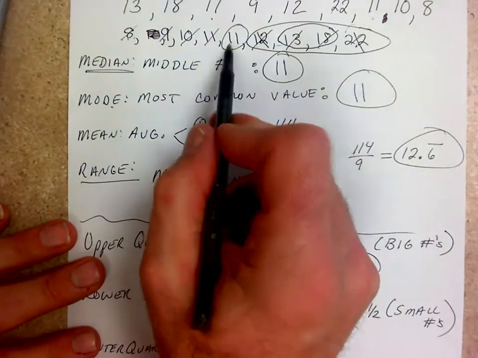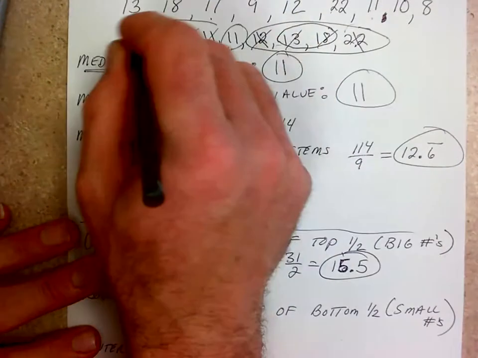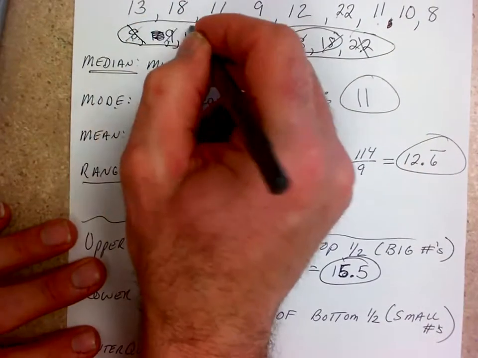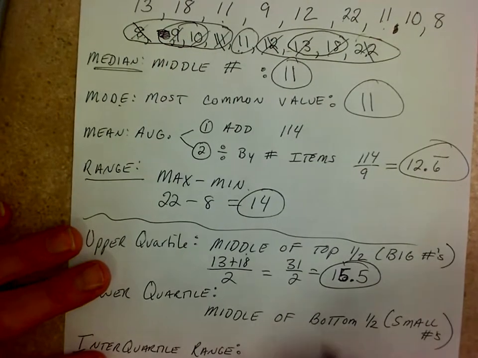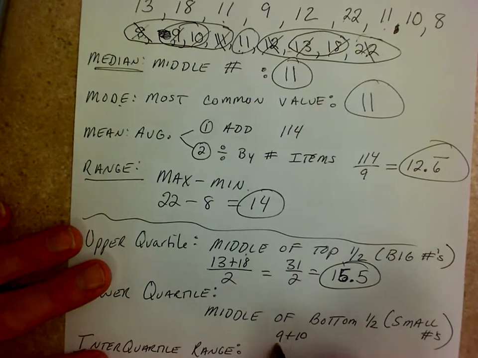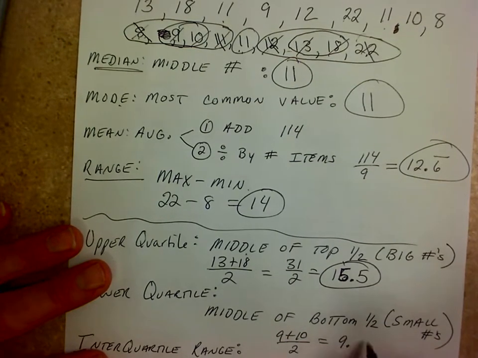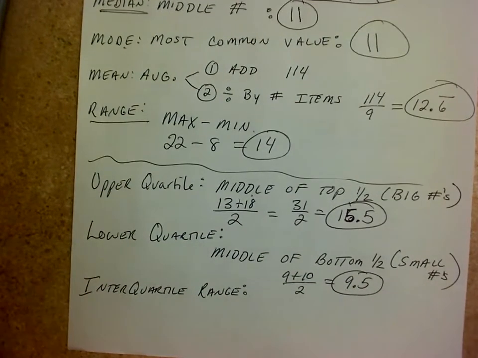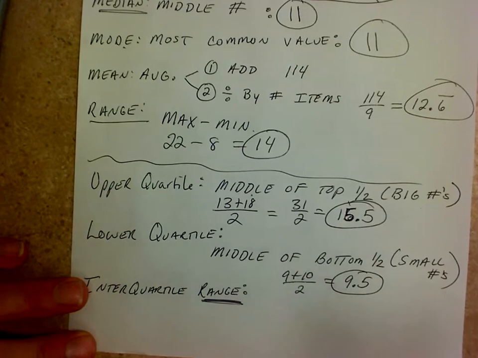Again, we use our median as our reference. Those are our small numbers. So it's in the middle of 9 and 10. 9.5. So we have upper quartile, lower quartile, and then the last one we have here is our interquartile range.